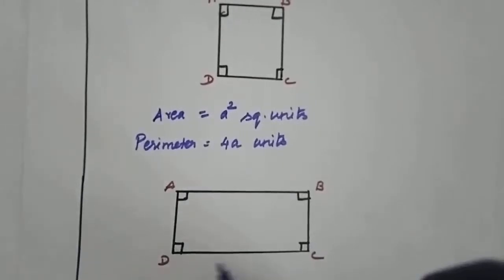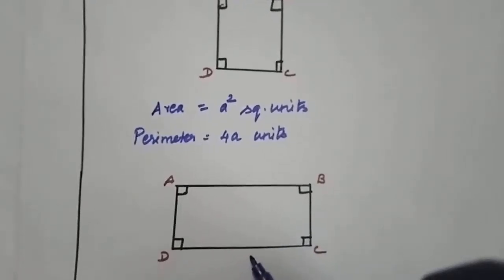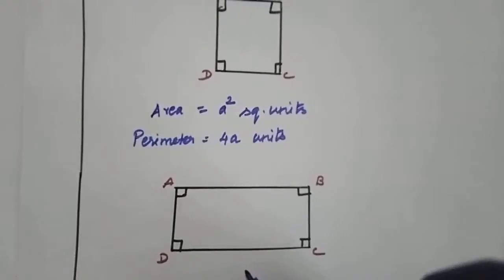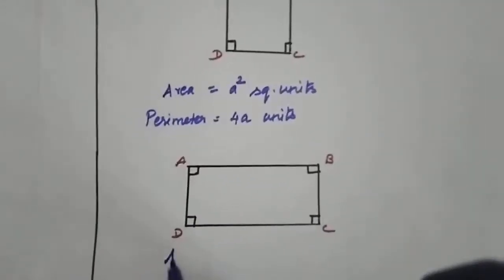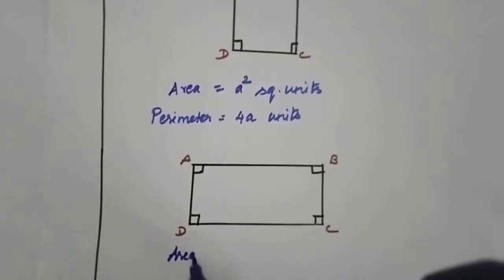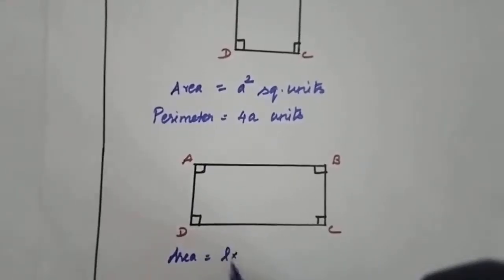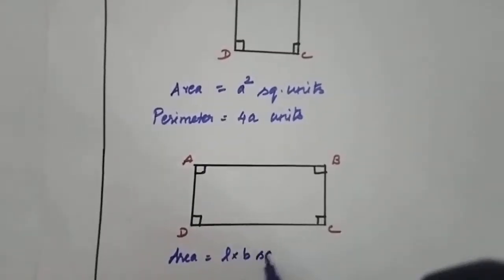A rectangle is a quadrilateral in which opposite sides are equal and all the four angles are equal to 90 degrees. Diagonals are equal in length. If L and B are the length and breadth of the rectangle, then its area is equal to length into breadth square units.